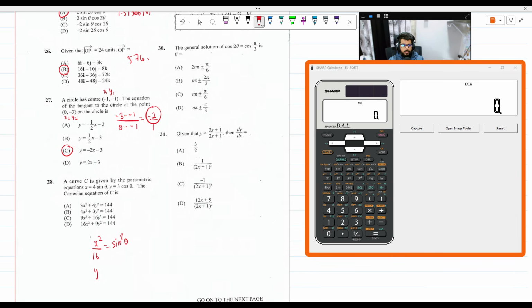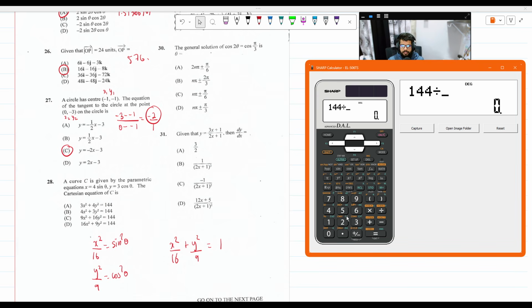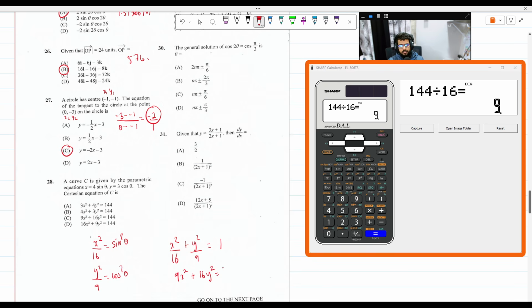And then y squared over 9 is equal to cos squared theta. Add them together, x squared on 16 plus y squared on 9 is sine squared theta plus cos squared theta, which is 1. And we want to multiply everything by 144. So 144 divided by 16 gives me 9x squared, and it's going to give me 16y squared is 144. 9x squared plus 16y squared is 144.